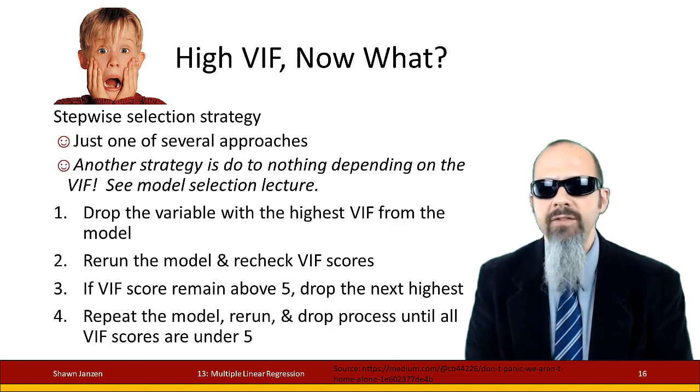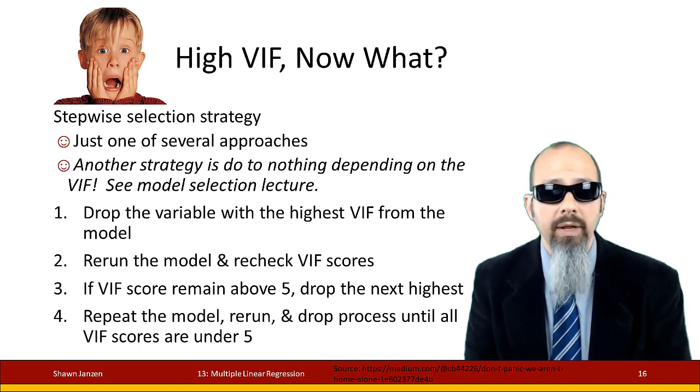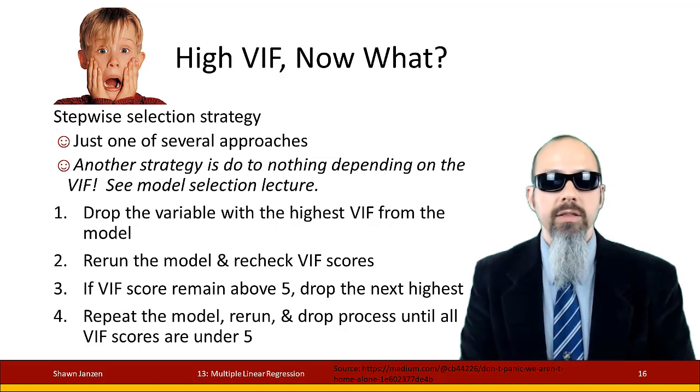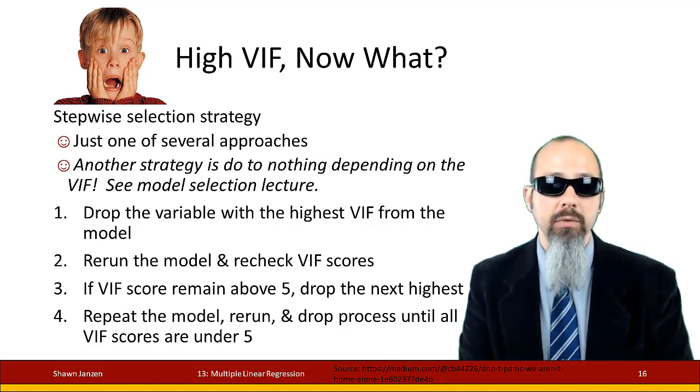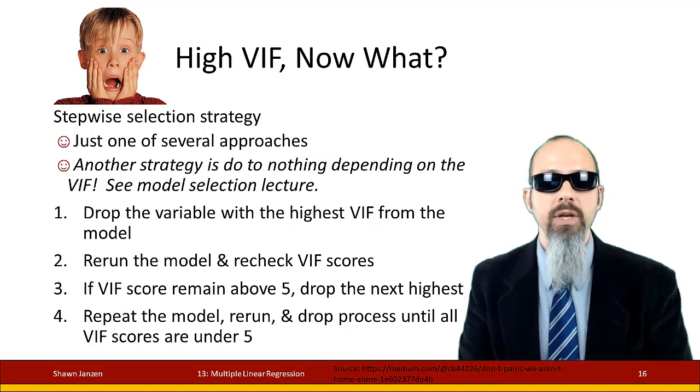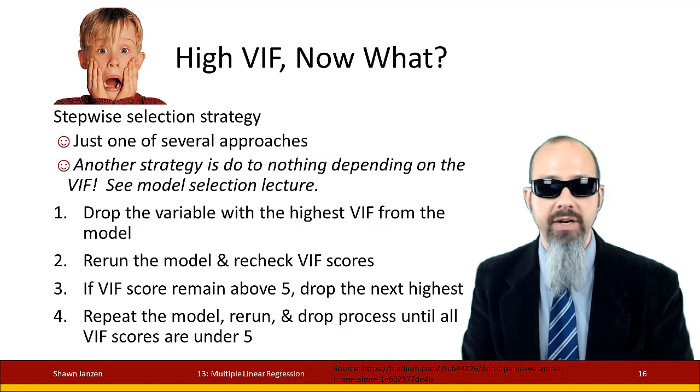Now, once you identify multicollinearity, what do you do about it? How do you get it out of your model? Well, we do have a few options in play. The primary method that I'm going to show you in the video today is what we call a stepwise selection strategy.